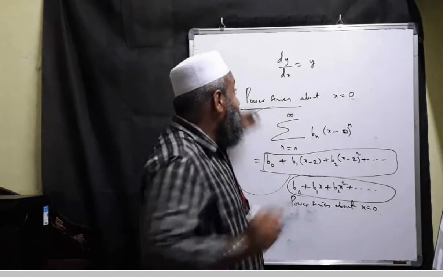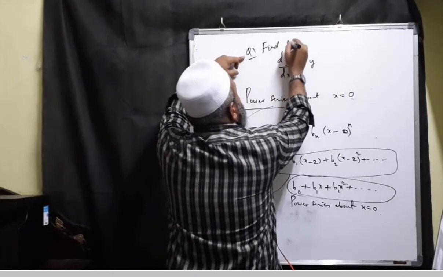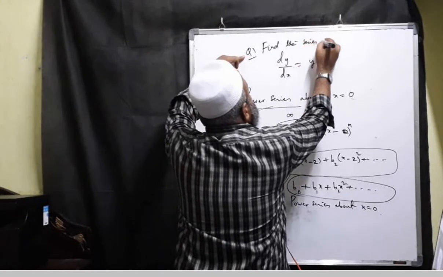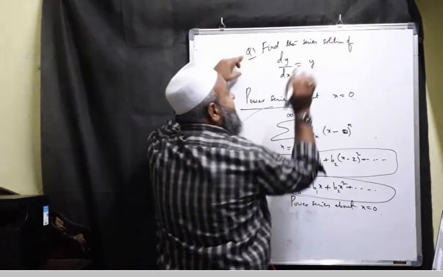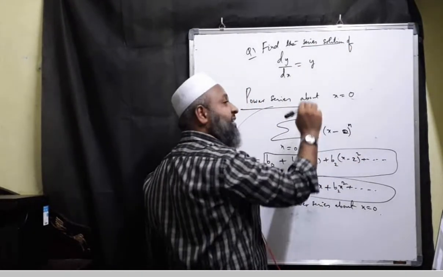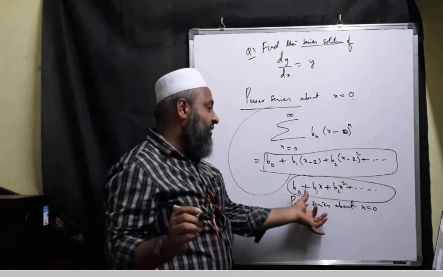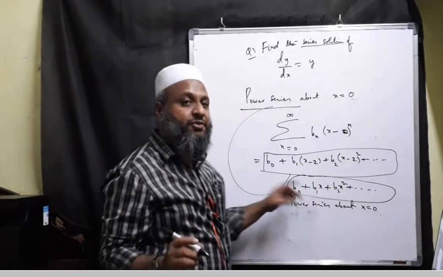If the question comes like this, find the series solution of this differential equation, then it is not given about what point, so we will always take the point as origin, because that is the simple case. If not specified, we will take it about the origin.